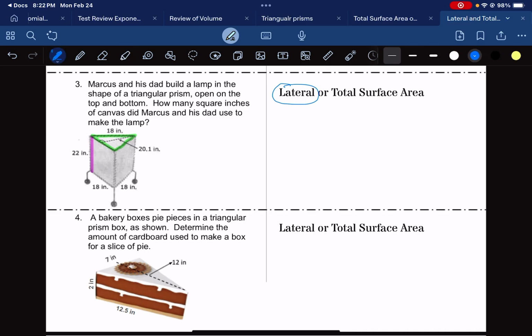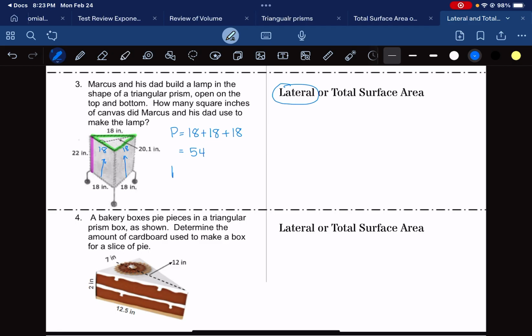So I know it's going to be 18 plus 18 plus 18, because if you look, this number is going to come up here, isn't it? And this has to be 18. It also says that it also would come up from the bottom. So perimeter equals 18 plus 18 plus 18, or I could have said 3 times 18. Well, 18 times 3, or adding it, is 54.